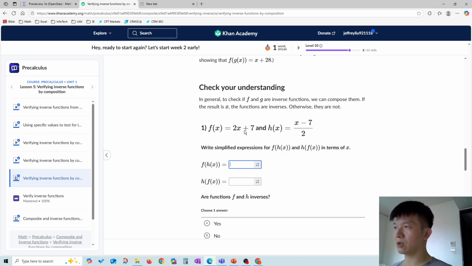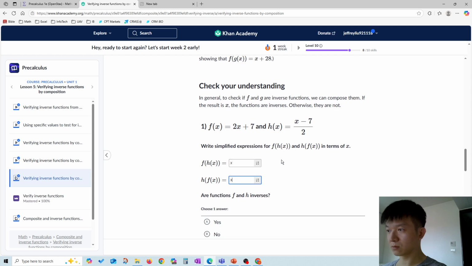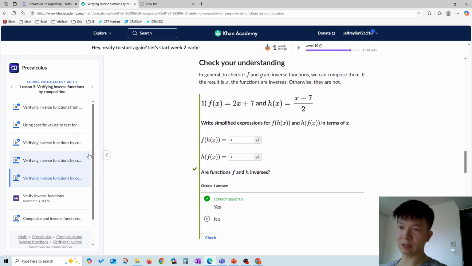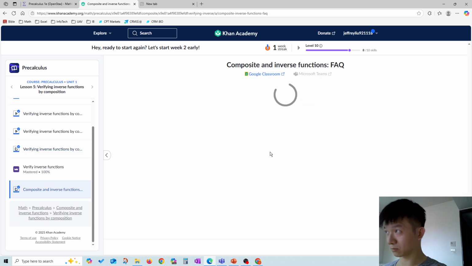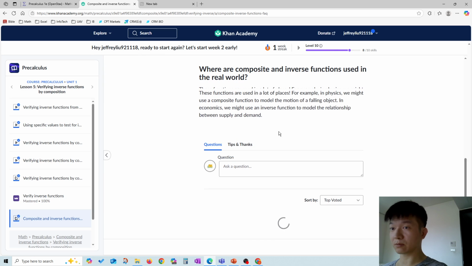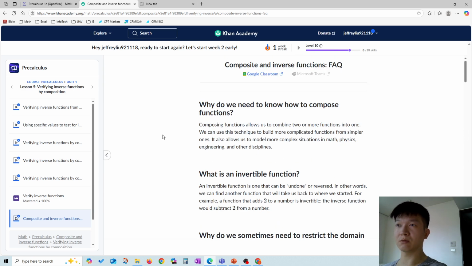So you put this right here, that will give you x. Okay, so that's x, and then the other way around, x, right? So yes, correct. Okay, let's move on. So that concludes everything. That's how you verify the inverses.